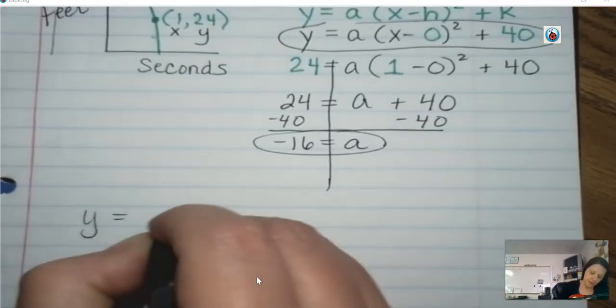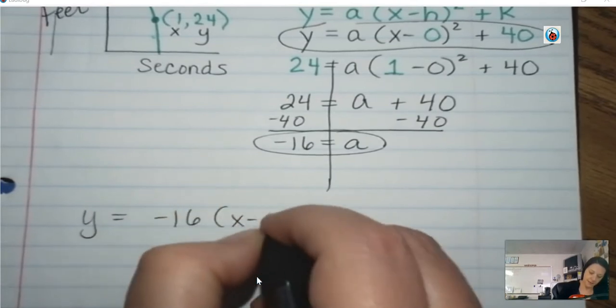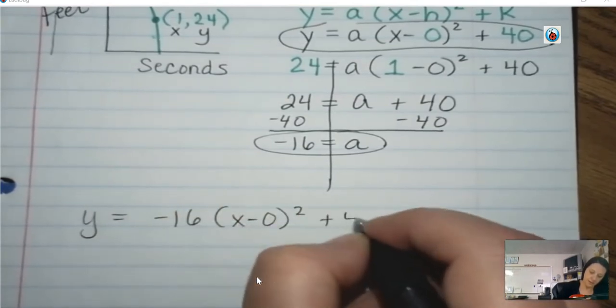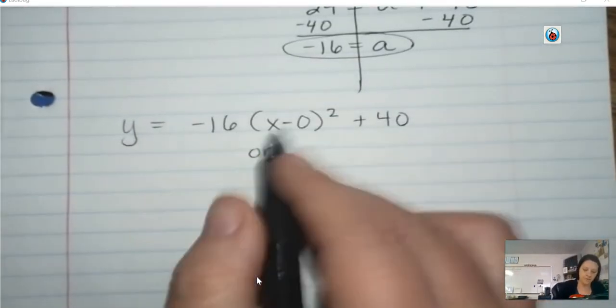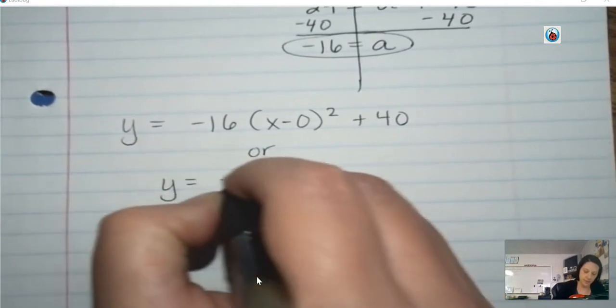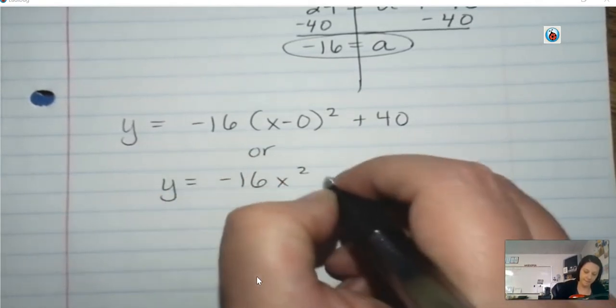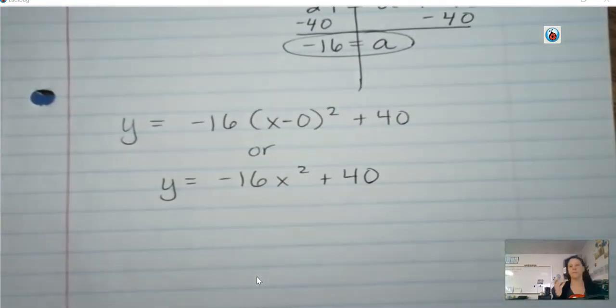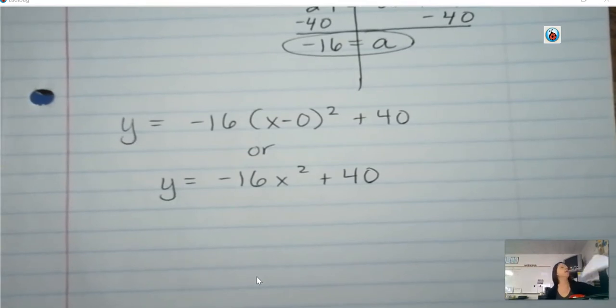Y equals negative 16, x minus 0 squared plus 40. Or x minus 0 will cancel out the 0. Either of those I would take. Okay, now you're going to do one with your friends.